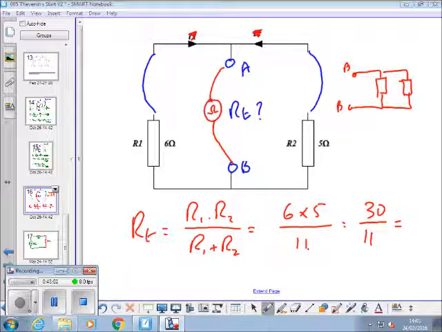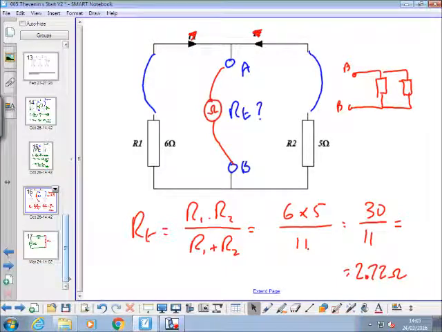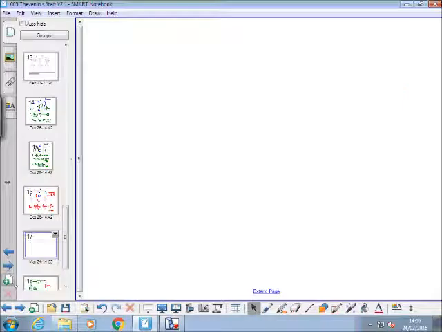That's 30 over 11 equals... what is it then? 30 divided by 11, 2.72. 2.72 ohms. Yeah?